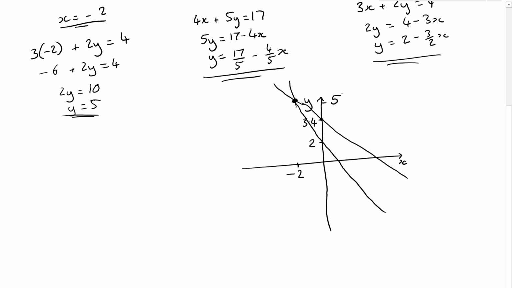And so solving them graphically, we're basically just going to plot our two lines and look where they intersect, and that's going to tell us the coordinates of y equals 5 and x equals minus 2, just as we expected. So this is how we're going to solve linear simultaneous equations.